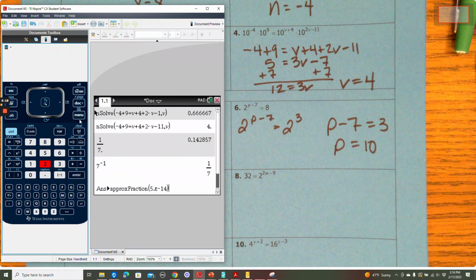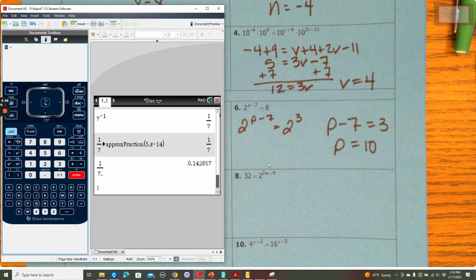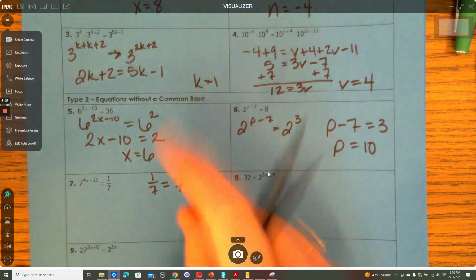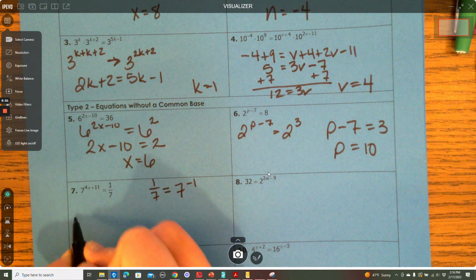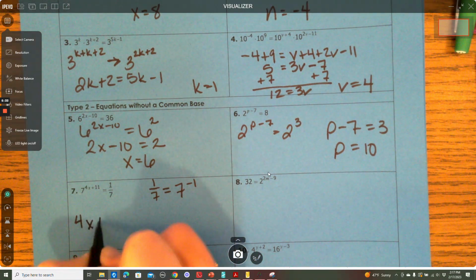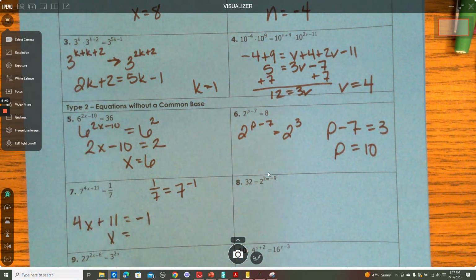If I change it to a decimal, 1 divided by 7 as a decimal, I get the same decimal. So sometimes that's what you have to do. So that would mean 4x plus 11 equals a negative 1. If you solve for x, you get x equals a negative 3.